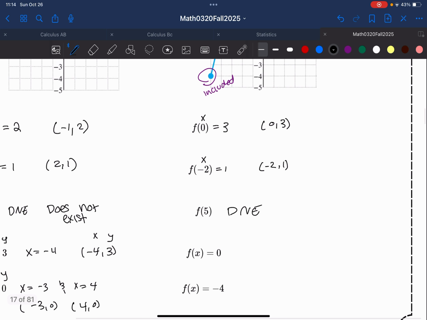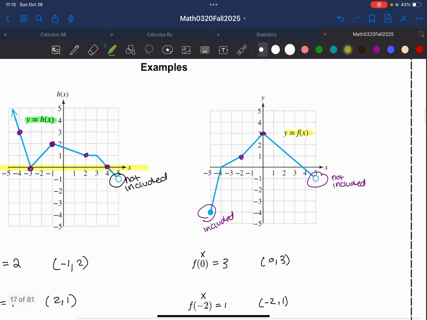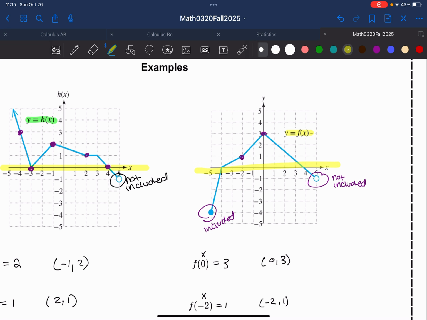Then I need to find f of x equals 0, so that's my y value, and f of x is equal to negative 4, my y value. So when y is 0, that is everywhere it crosses through the x-axis, because that is when y is equal to 0. Well, it's equal to 0 at 2 spots.